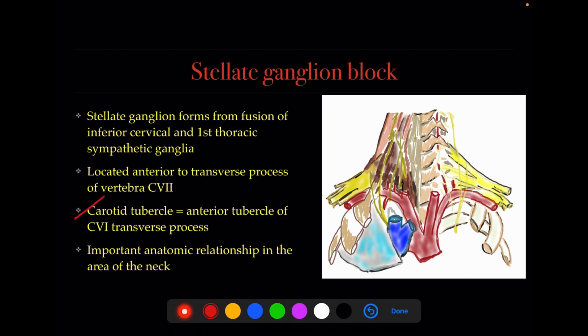This carotid tubercle is an important landmark in the performance of the ciliate ganglion block. Physicians give the injection at this landmark, which is superior to the ciliate ganglion, so that the nerve blocking agent will diffuse inferiorly and be effective at the level of the ciliate ganglion. And the ciliate ganglion is here.